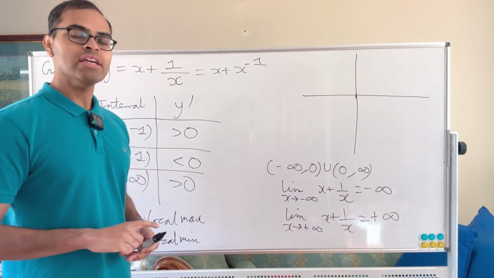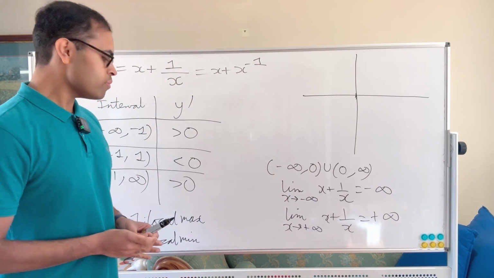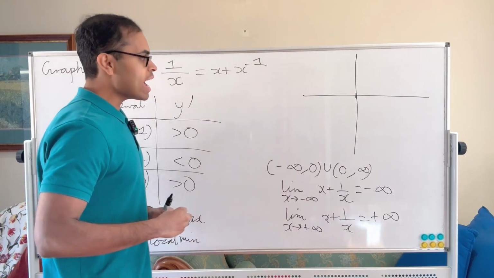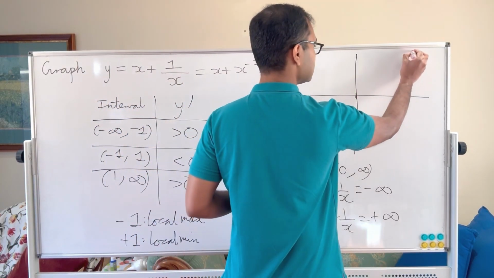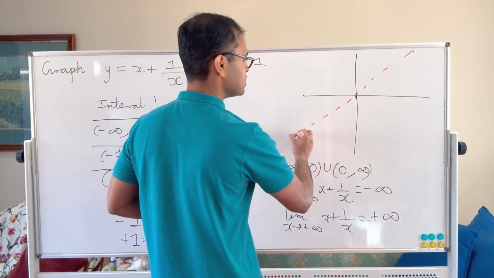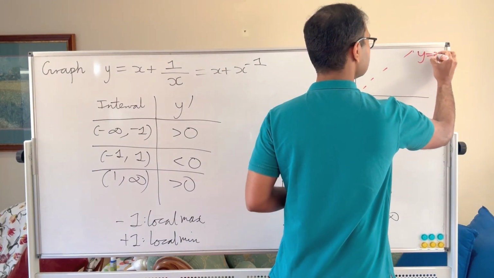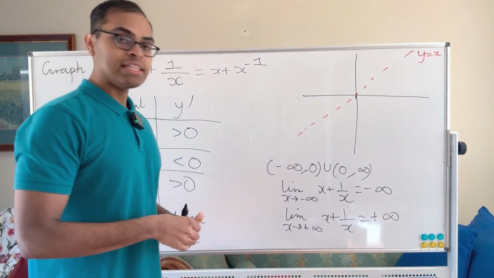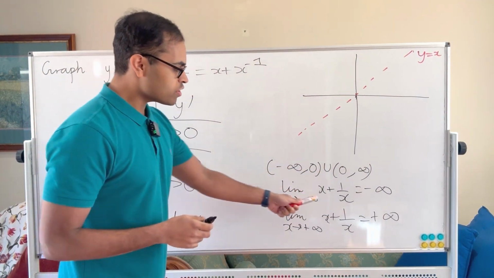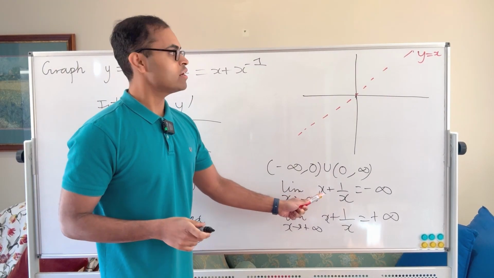So this line y equals x plays a special role, and it's what we call an oblique asymptote. What that means is, let's just draw this line. So this is our line y equals x. As I just said, as x approaches negative infinity, your graph is going to be slightly below this line y equals x.